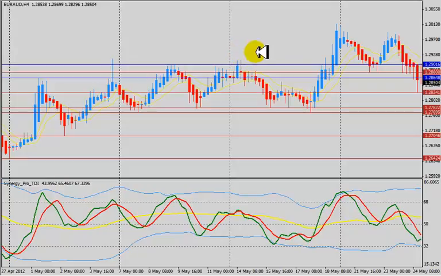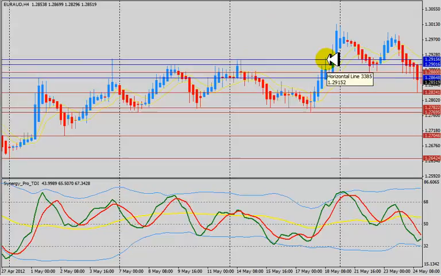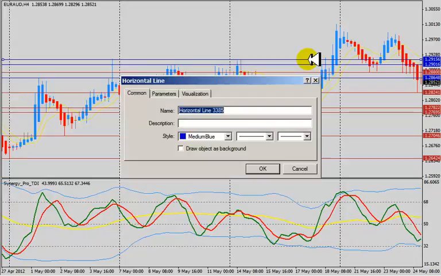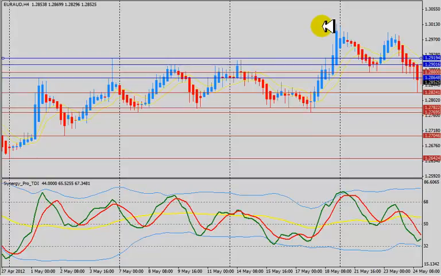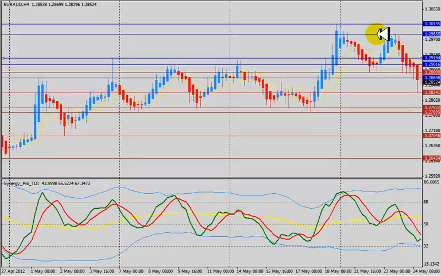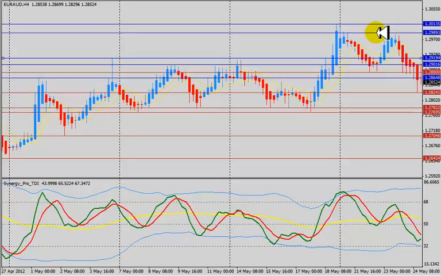So I'll mark this one here, and look here, you have this high, these two highs, and this one. So let's go to the high point here on this one up to this level here, and then let's mark this high point, and we'll mark this high point.